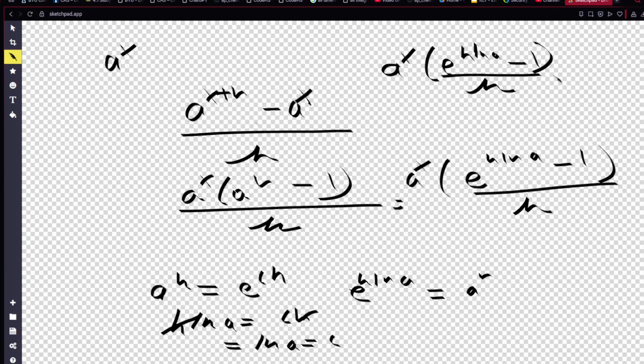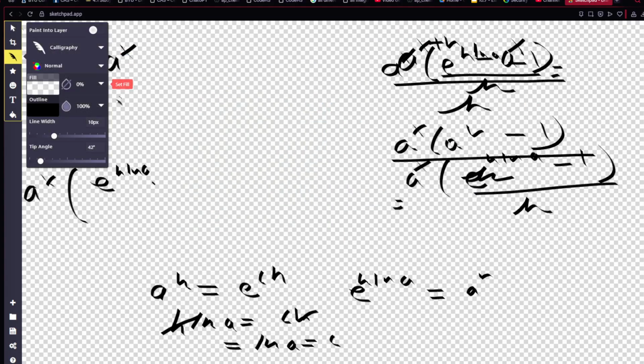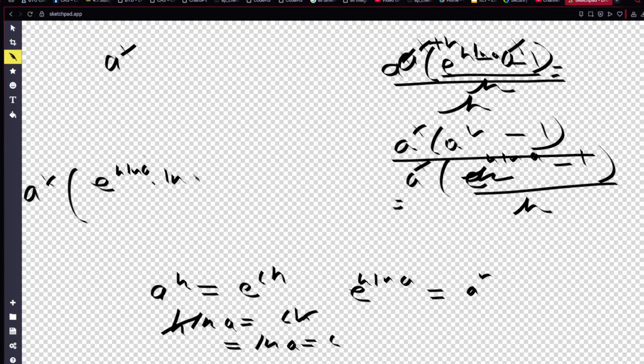So we realize that you can apply L'Hopital's rule here. So we can do a^x times L'Hopital's rule, which is the derivative of the top, times the derivative of the inside, which is going to be ln a, simply because h is the variable that is changing, minus, not even minus 1, because the derivative of negative 1 is just 0, divided by 1.